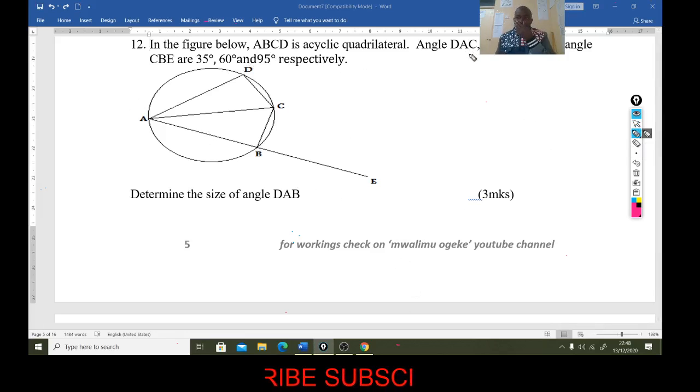Angle DAC, angle ACB, and angle CBE are given. So you start with angle DAC. DAC is 35 degrees. Then angle ACB is 60 degrees.